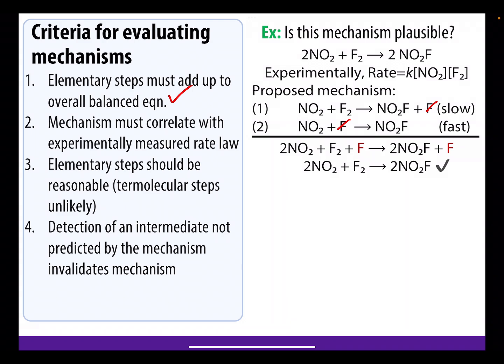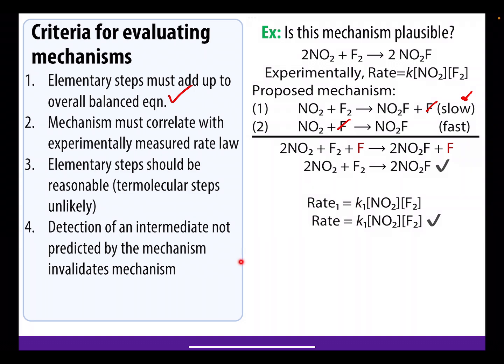Next, the mechanism must correlate with the experimentally observed rate law. So let's look. Step 1 is the slow step. If we look at the rate law for step 1, since step 1 is a bimolecular step, the rate of step 1 is equal to k1 times [NO2] times [F2].